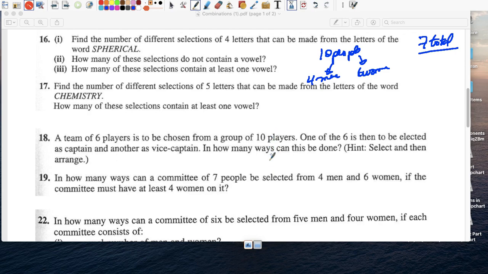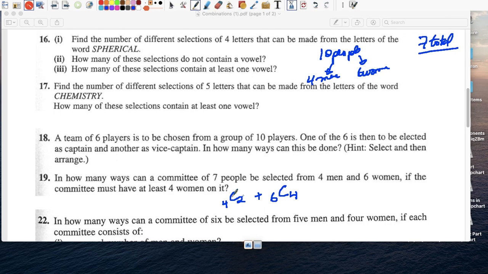To have 4 women, so let's do the math. If you have 4 women, it's going to be 6 women, and you got to pick 4, right? Which means from the men, you have 4 men, you're going to pick 2, right? That's one scenario.